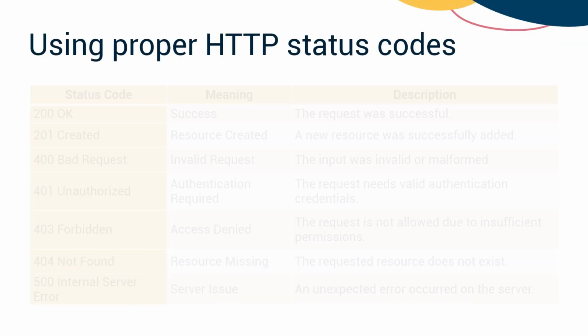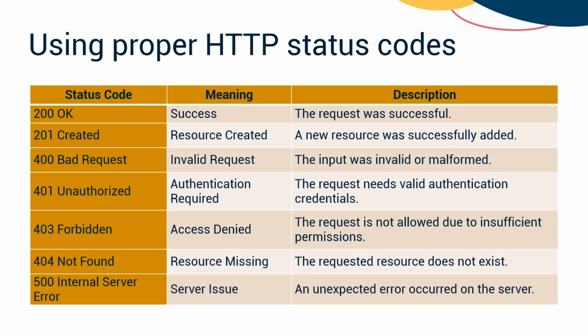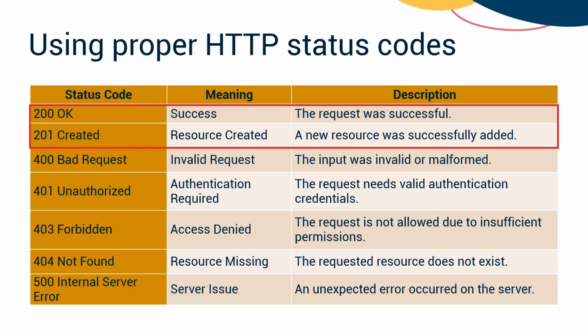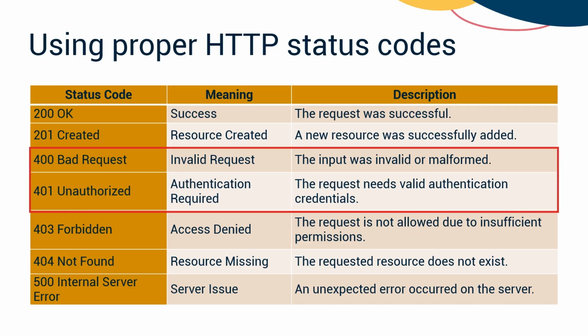HTTP status codes indicate the outcome of an API request and help clients understand the response. A 200 OK status confirms a successful request, while a 201 Created status indicates that a new resource was added. Client-side errors include 400 Bad Request, which means the input is invalid, and 401 Unauthorized, which requires authentication.